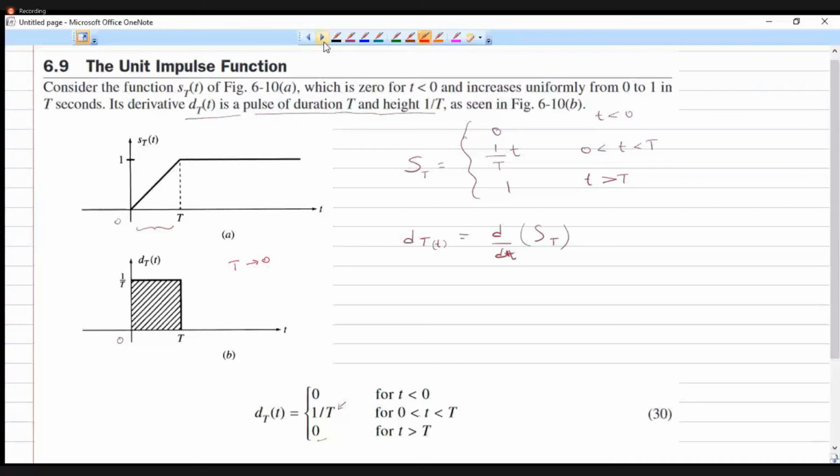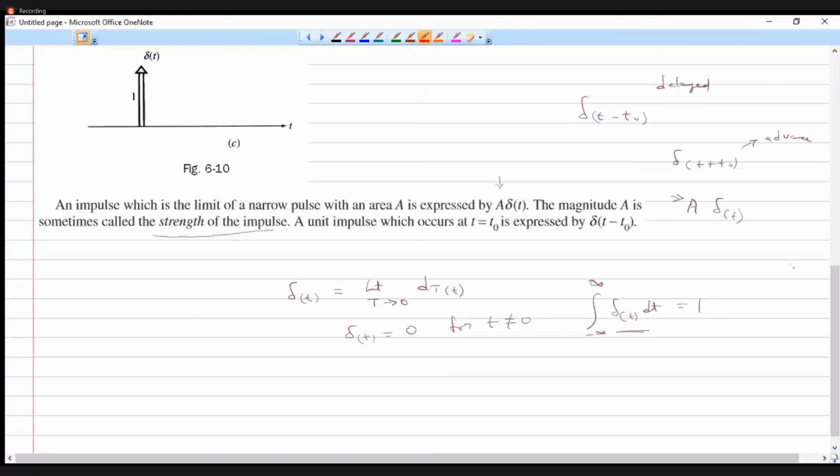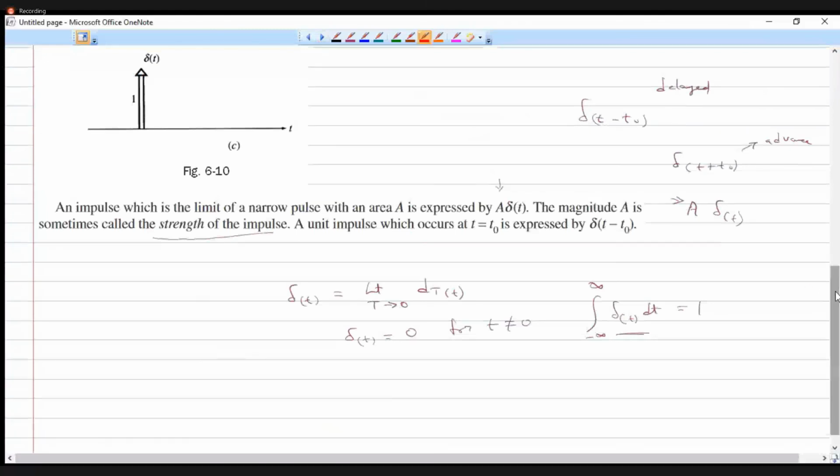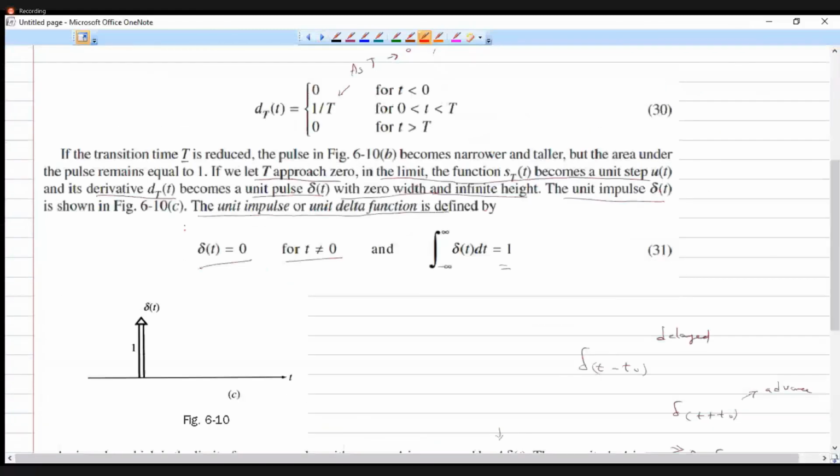The unit impulse function is represented by delta of t. It is equal to 0 for t not equal to 0, so only at t equal to 0 it will have a value, and the area under delta t is equal to 1. So the integral from minus infinity to plus infinity of delta t dt is equal to 1. This is the definition of an impulse function.